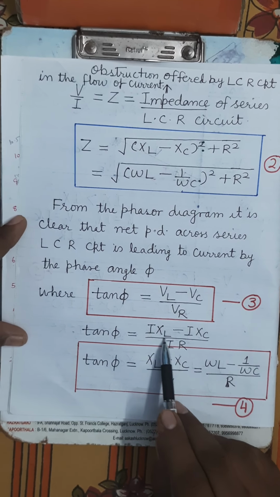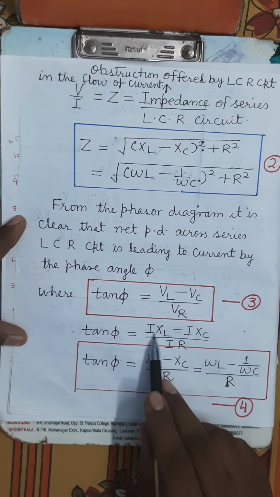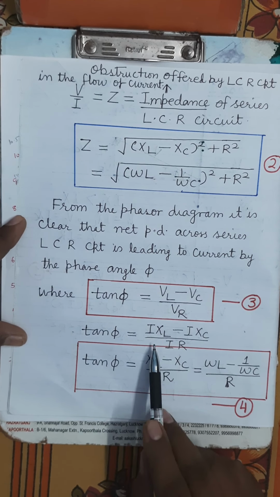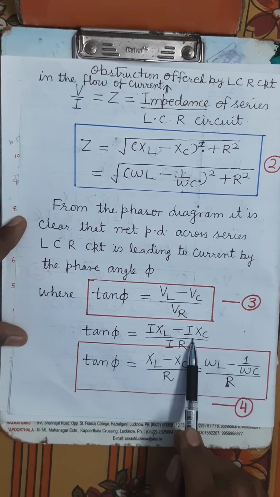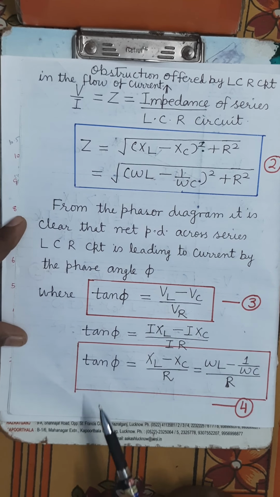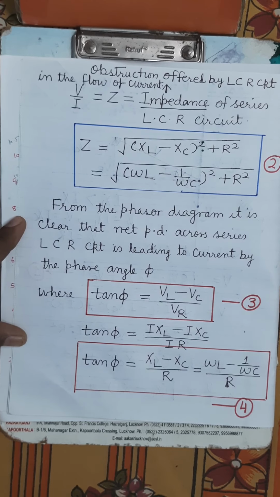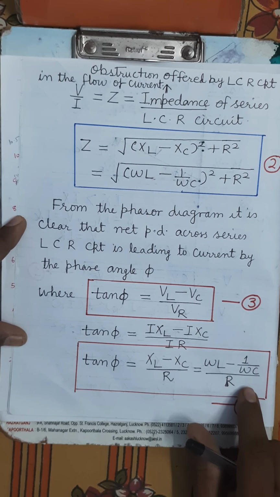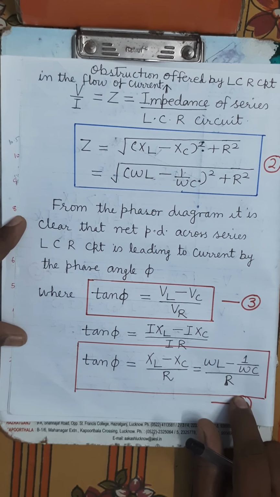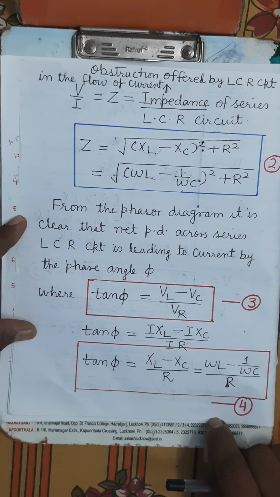Now substituting the values of VL, VC and VR, in the numerator you take out I common. That I will cancel with the I present in the denominator. So tan phi equals (XL minus XC) upon R, that is (omega L minus 1 upon omega C) divided by R. It's clear? Here the value of tan phi will come out positive.